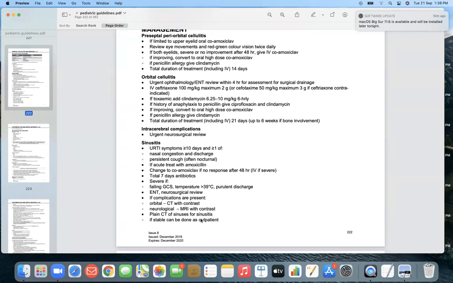So any signs of increased intracranial tension and focal neurological deficit, you can go for MRI with contrast. If there are increasing local signs, you can go for CT with contrast, that is orbital.